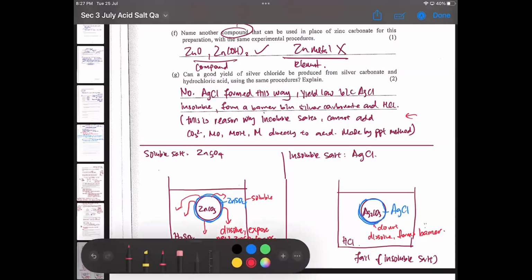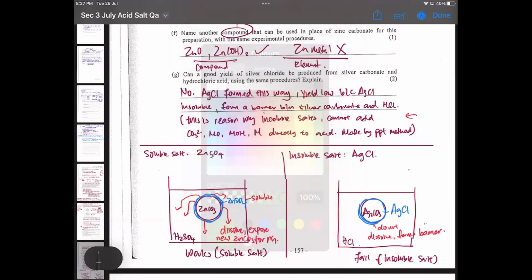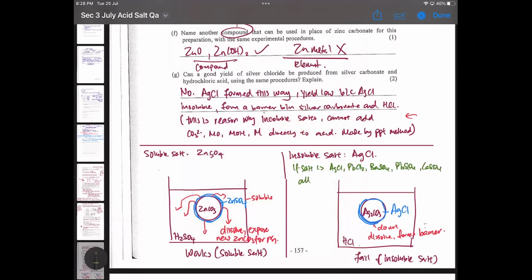Similarly, if the salt is silver chloride, lead-2 chloride, barium sulfate, lead-2 sulfate, or calcium sulfate, they will all fail in the same way.